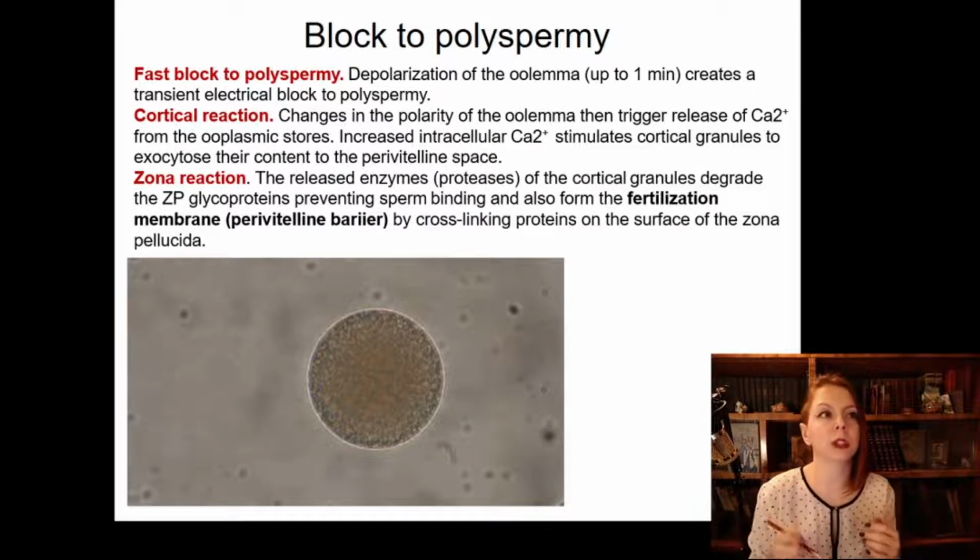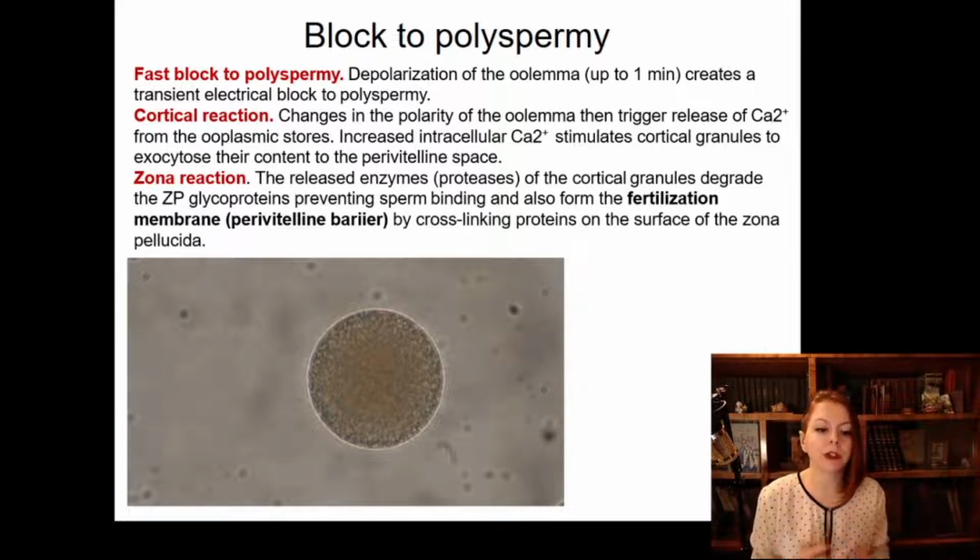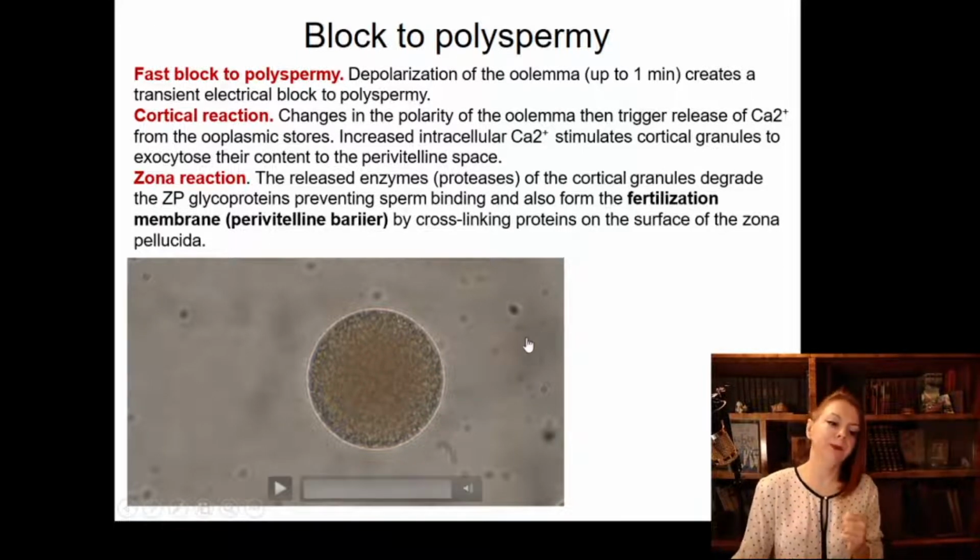So if the oocyte is fertilized by more than one sperm, it will be spoiled. To prevent that, those reactions are needed. First depolarization, then increased calcium results in the exocytosis of cortical granules, and the zona pellucida becomes stiff and impermeable for others. And now it is called the fertilization membrane or perivitelline barrier.